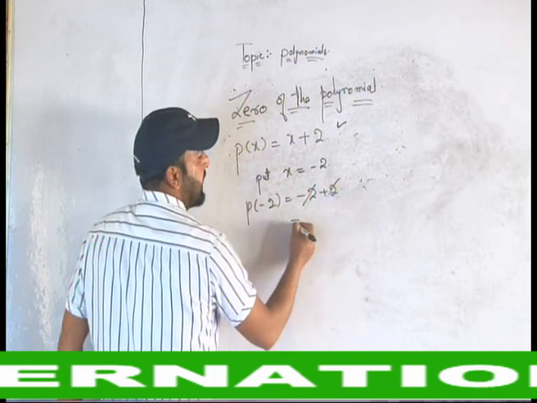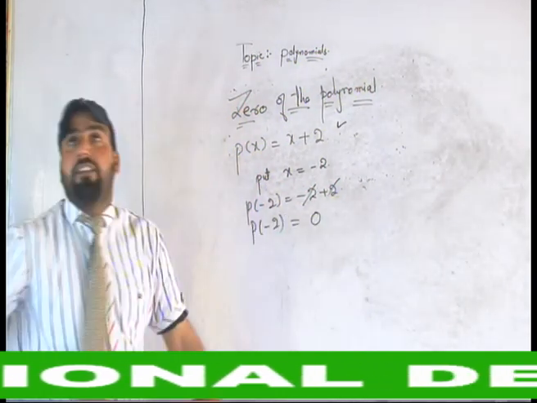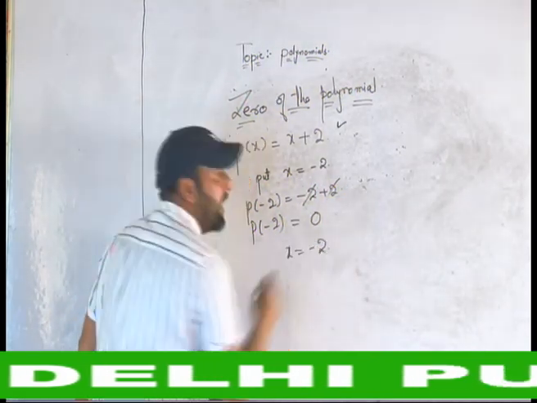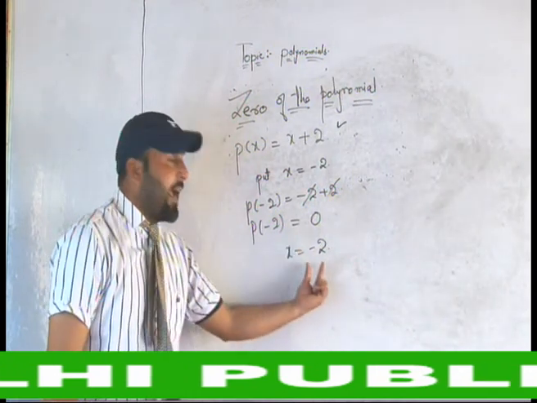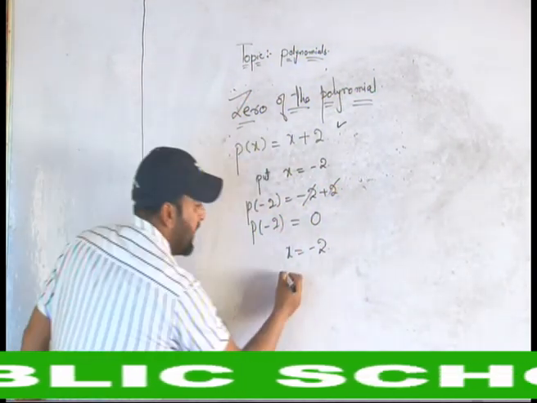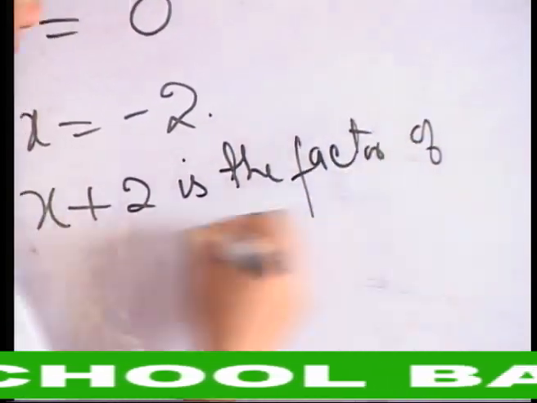They will get cancelled and that is equal to 0. So p of minus 2 is equal to 0. When we have substituted the value of x as minus 2, this minus 2 is referred to as the zero of this polynomial. And x plus 2 is the factor of that polynomial.